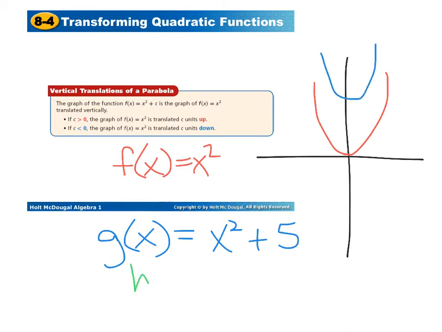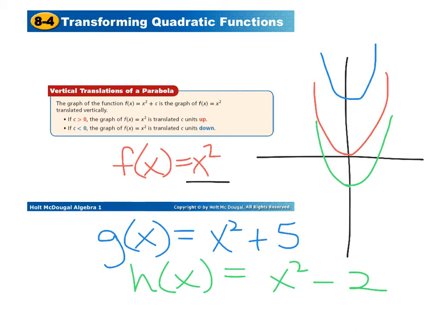But if my h of x were x squared minus 2, then I know my graph would be down here. So this number that's after the x squared is going to tell us how it's shifting. And it's usually compared to the red one, which is starting at the 0.